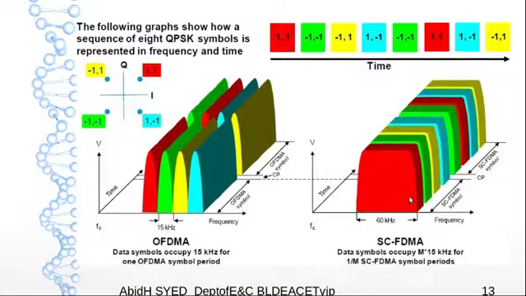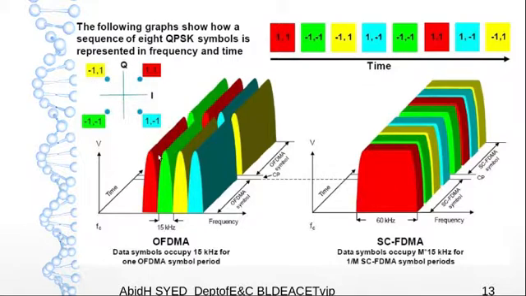Now this can be better understood by this diagram. In the case of OFDMA, we have 4 symbols occupying the 4 subquadrants of this diagram: 1, 1, minus 1, 1, minus 1, minus 1, 1, minus 1. Each represents a particular symbol.